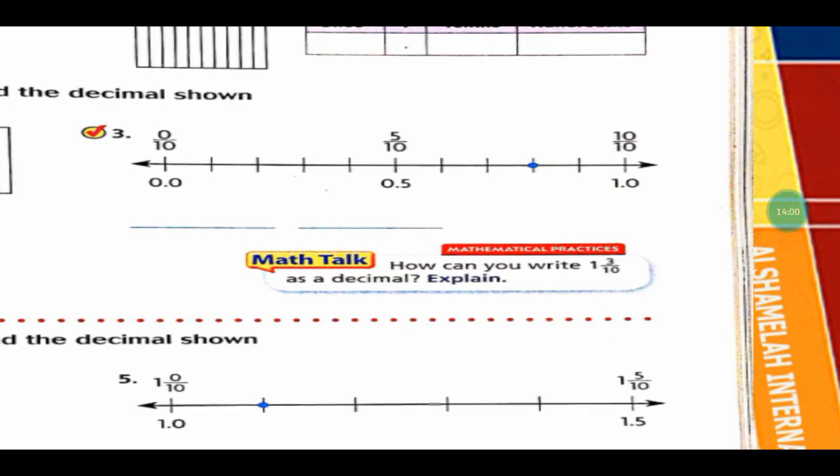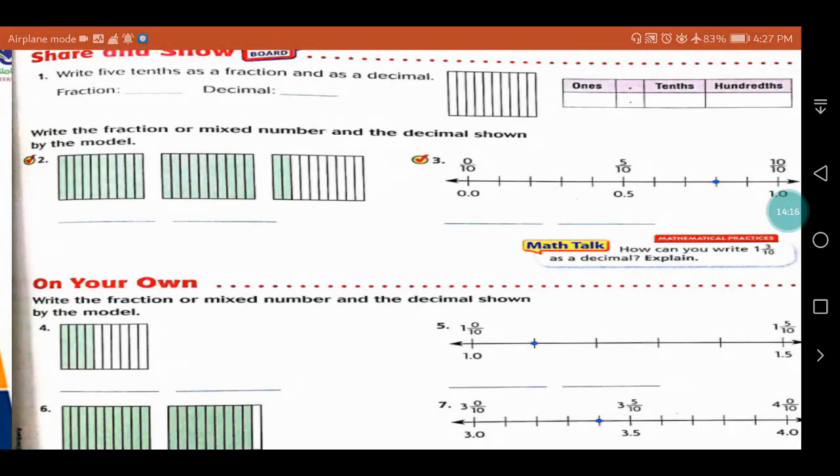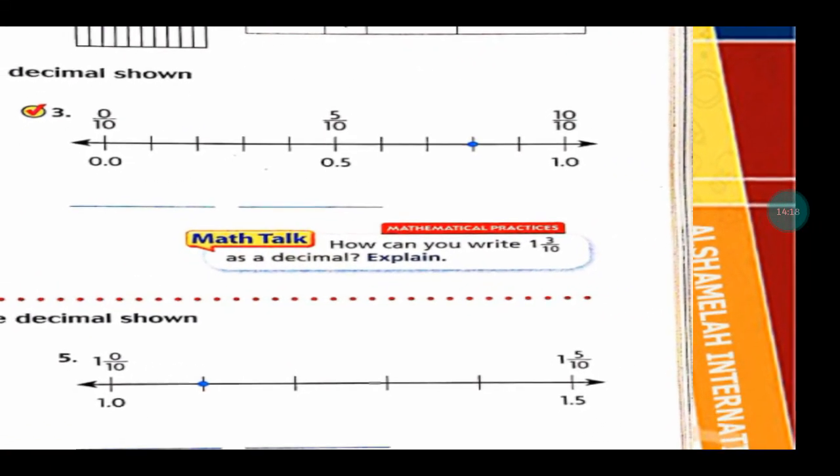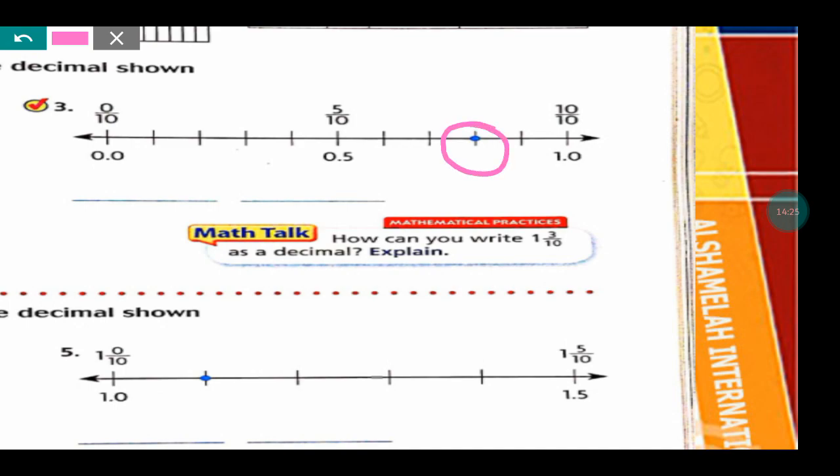How can we get it on the number line? Here 0 tenths, 5 tenths, 10 tenths. We have question number 3, 0 tenths, 5 tenths, and 10 tenths. Here we have a model. Here we want to write this point, which was marked, as a decimal number.